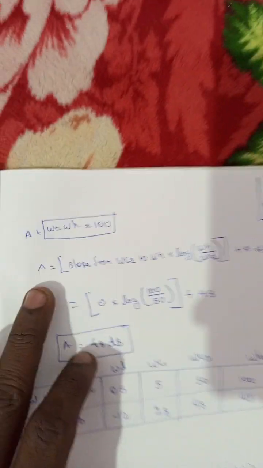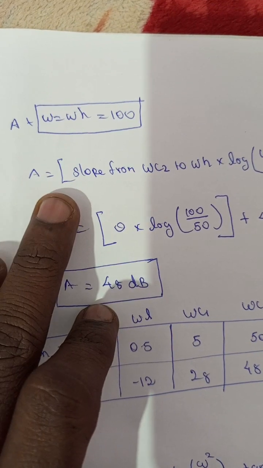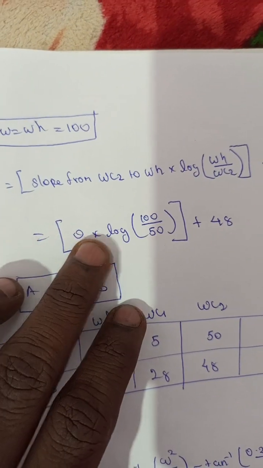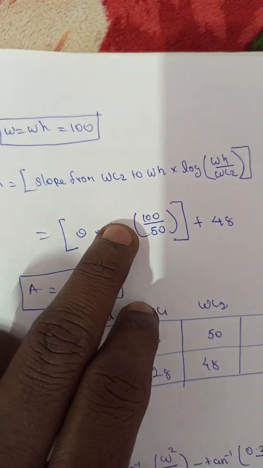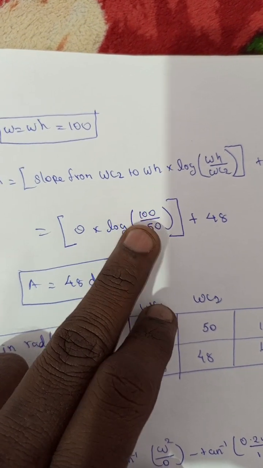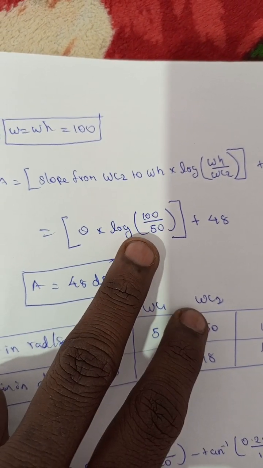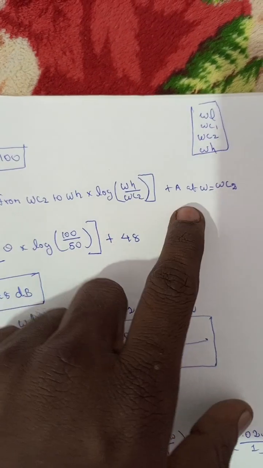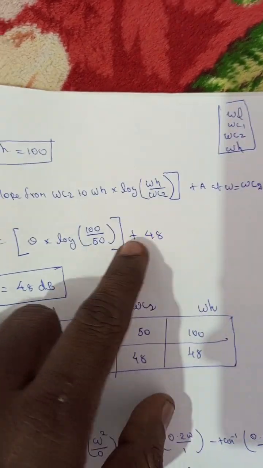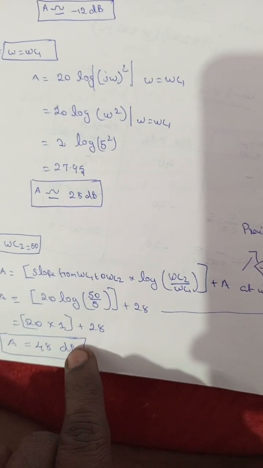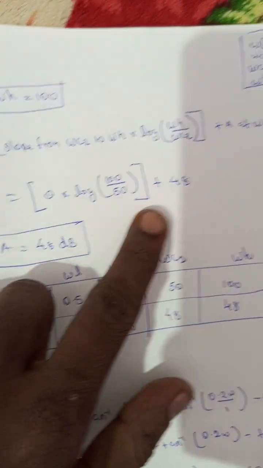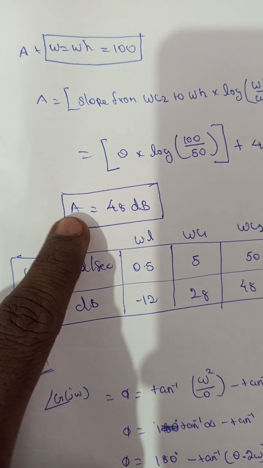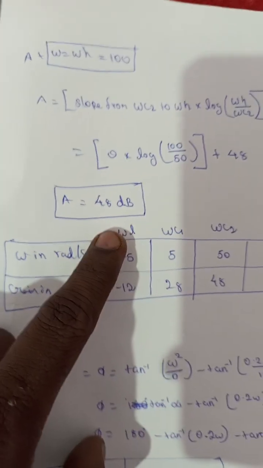We are replacing the value here into log WH. We have assumed that is 100, and WC2 value we already know that is 50, and at ω equal to WC2, that is the previous value we have found out previously. So we have to replace that value, and we'll get A is equal to 48 dB.